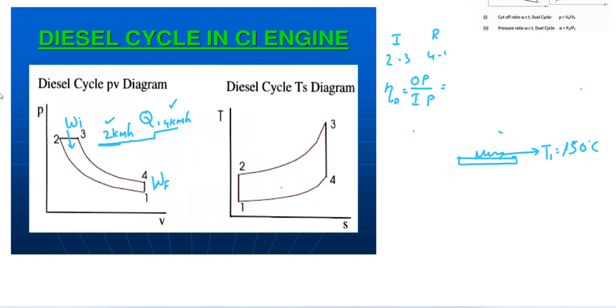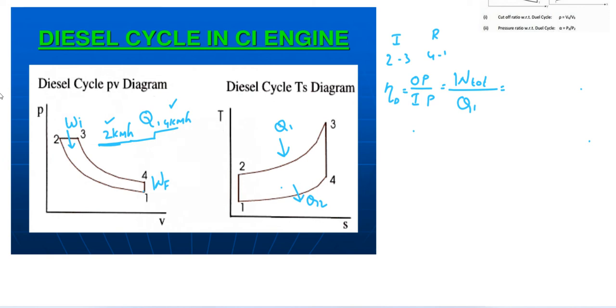Now let us come to the problem. What is the output? The output will be the total work done, right? The total work done divided by the heat you supply. Input power equals the heat you supply, Q1. Here you are injecting Q1 heat. You are getting Q2 heat out. Then what is the total work done you have?